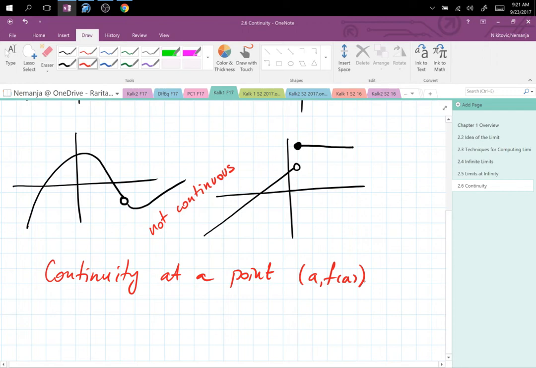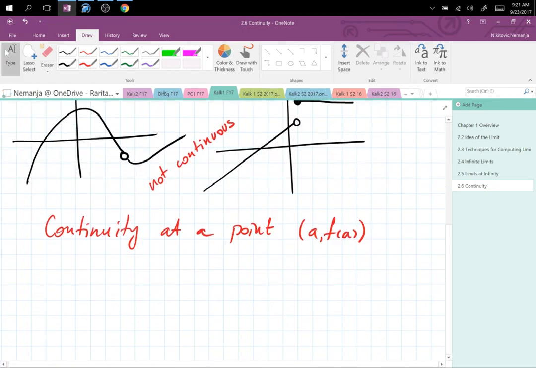So the point is a, f of a, right? Because y is equal to f of a, so that's the y value for the given input.